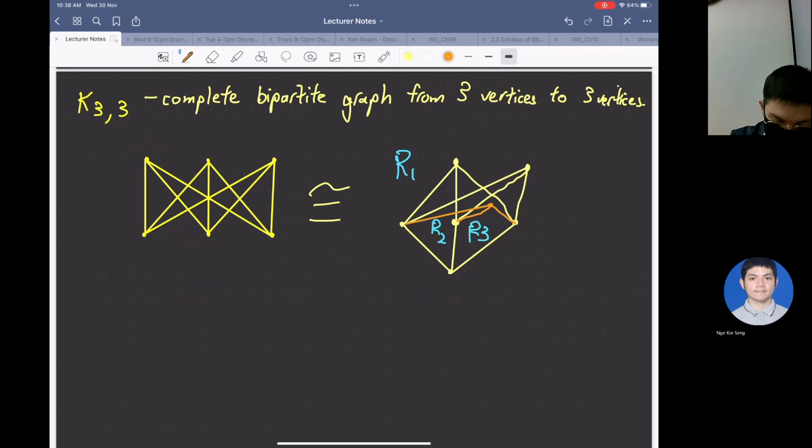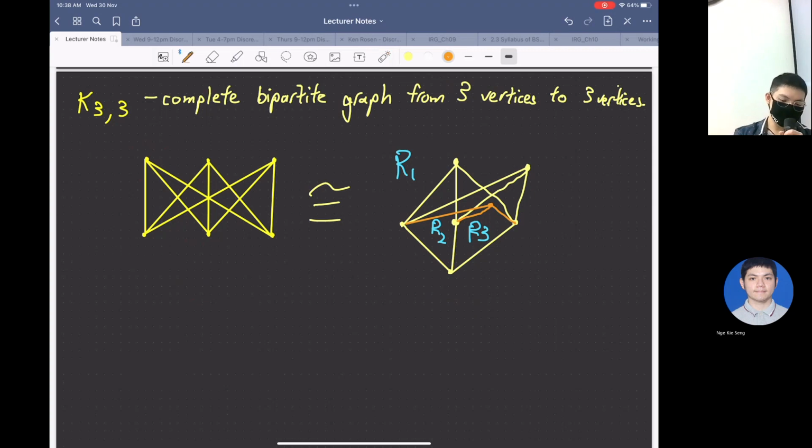Although we managed to reduce intersection here, you can't avoid the intersection here. Similarly, if you move it to R2, you will have the same story. No matter where you move the vertex, you cannot reduce the edge crossing.